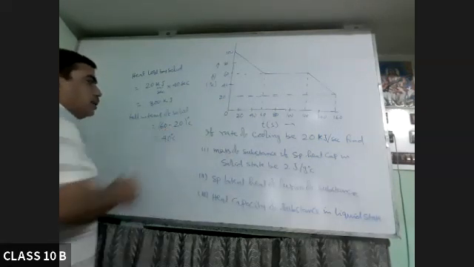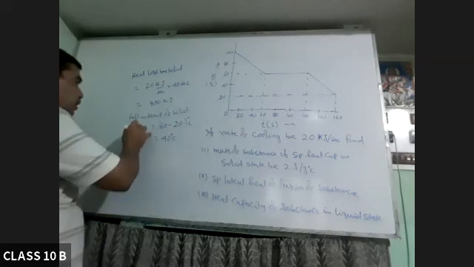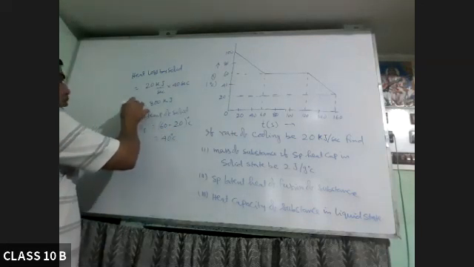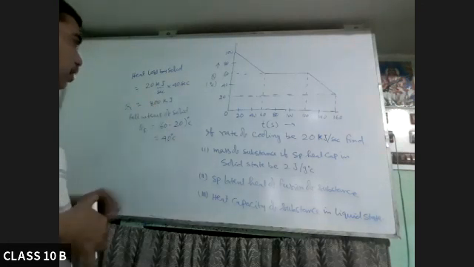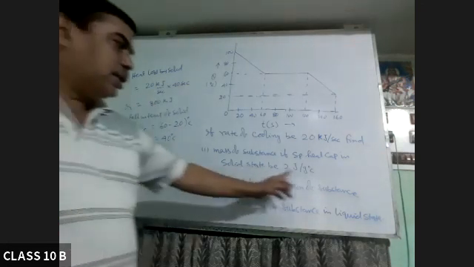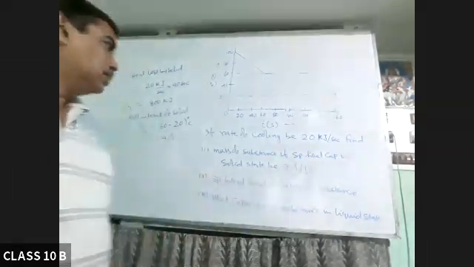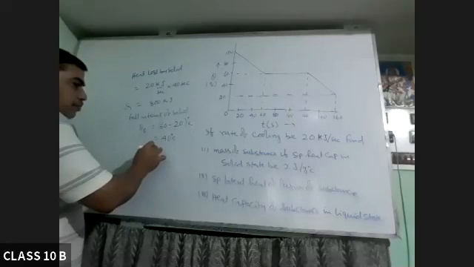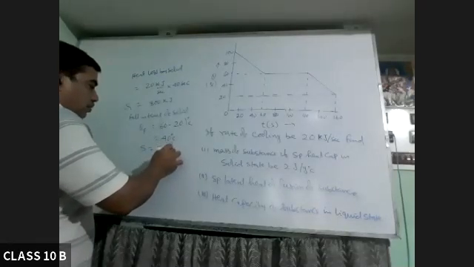So 40 degrees Celsius is the fall in temperature, that is theta F we got. Amount of heat you got, fall in temperature you got, and specific heat capacity you are given, 2 joule per gram degree Celsius.